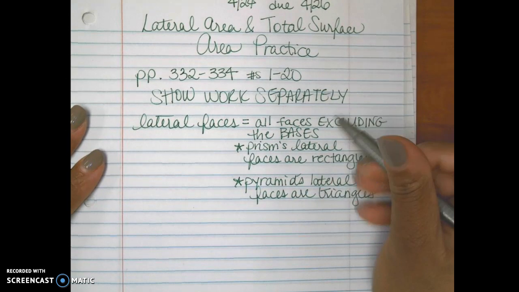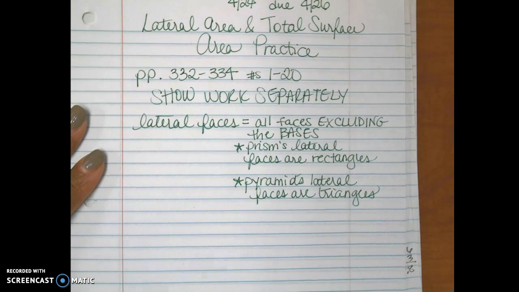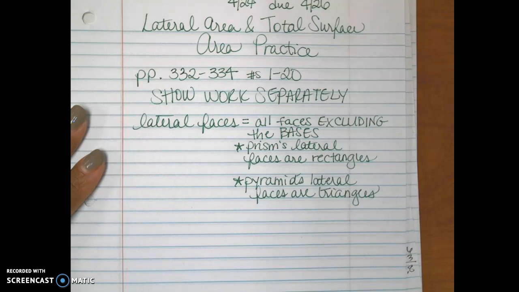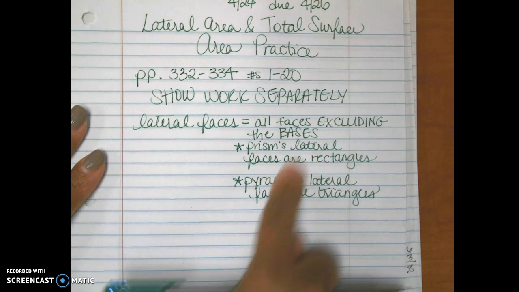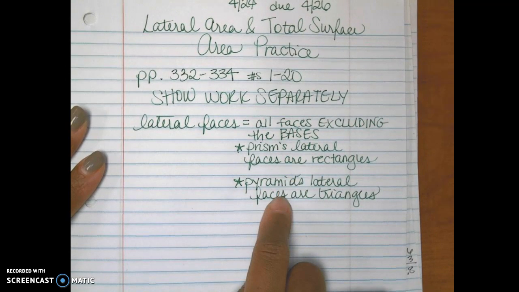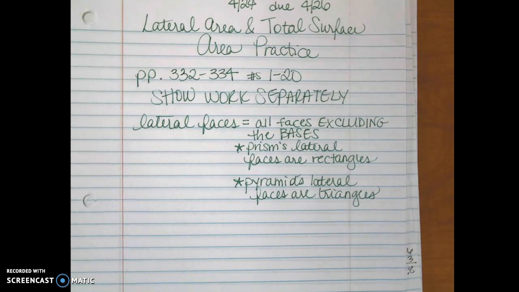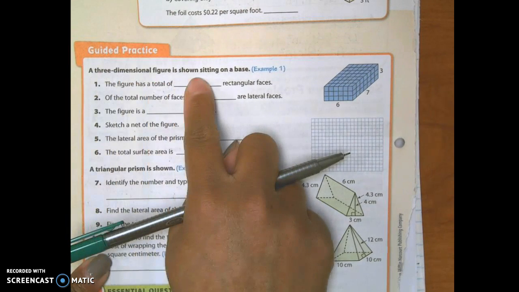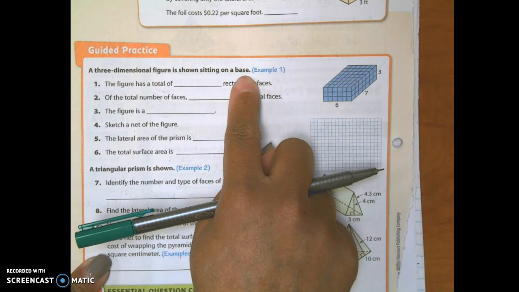Okay, I've written this down 4 times now at least. 3 times in your notes. This is the 4th time as we apply it to our learning. This is important. You need to know the difference. So, I have question number 1 on page 332. A 3-dimensional figure is shown sitting on a base.